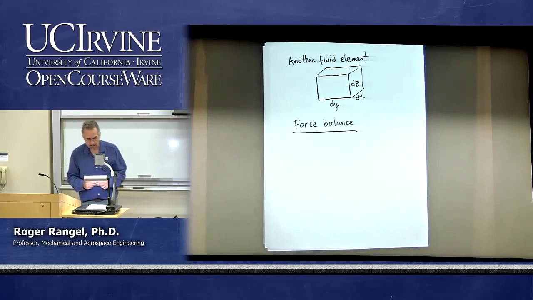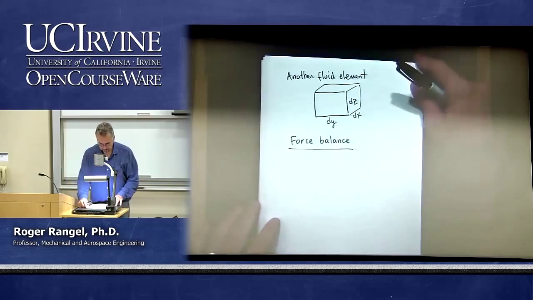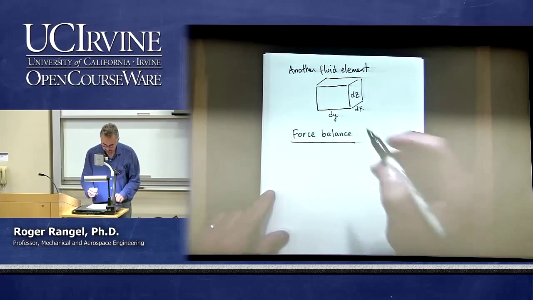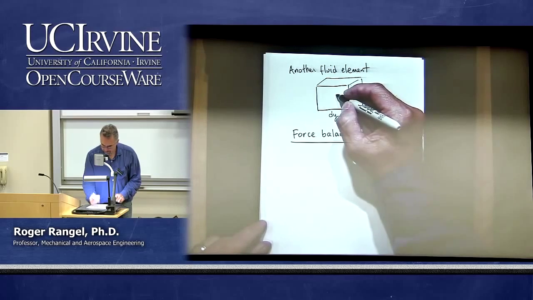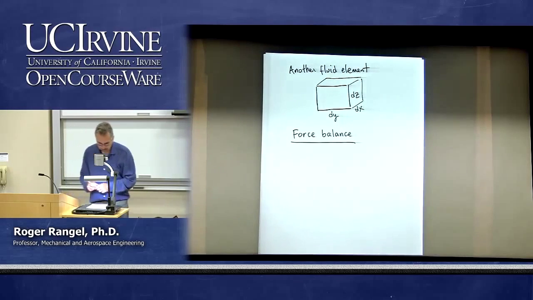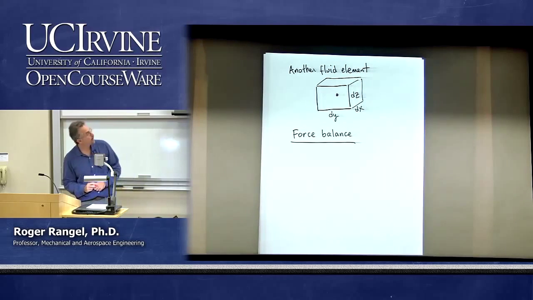But now the situation is a little bit different. We're going to do this slightly differently. Let's say that I have a reference point, which will be the center of this element, will be the origin of our system of coordinates.